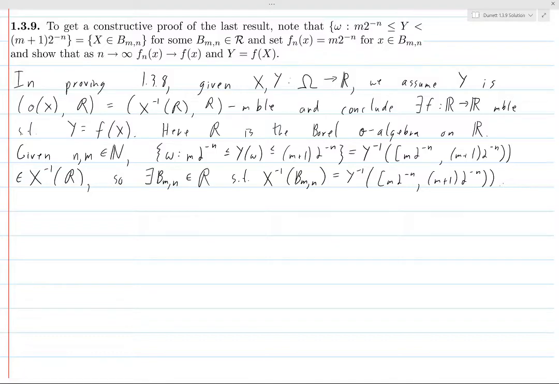Okay, so let's see here. Define F_n of x to be the sum over all integer values of m of m times 2 to the minus n times the indicator function on B_mn of x.